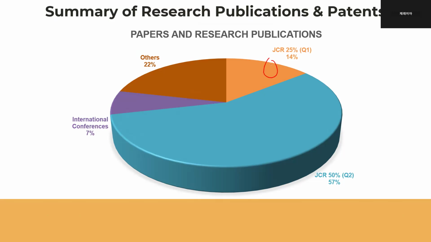Then 57% of all the papers are published within Q2, in the top 50%. In international conferences, there is only about 7%, while 22% falls under other categories.